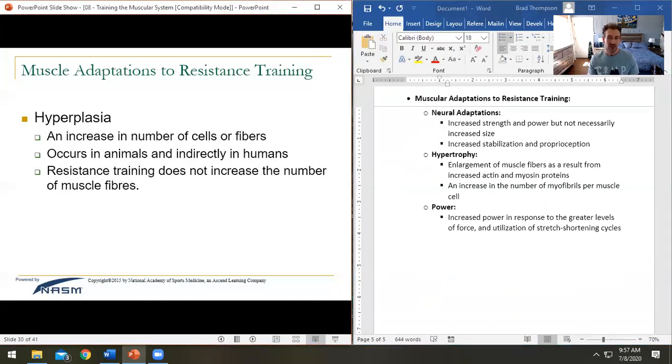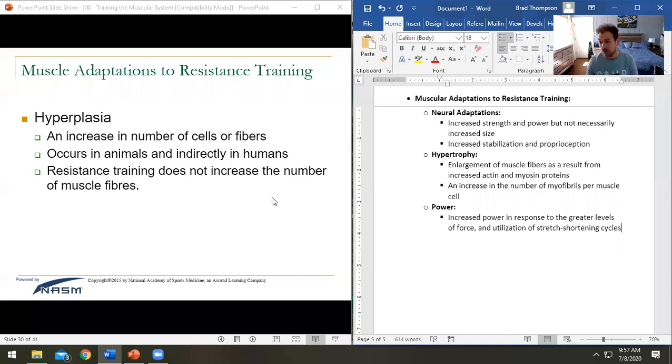Now, this is an interesting one. This is where we have to talk really briefly about hyperplasia. Hyperplasia is something that we can experience, but it's not very common. Generally, humans, we experience hypertrophy, right? Hypertrophy is our muscle fibers that we have getting bigger. Hyperplasia is an increase in the number of muscle fibers, okay?